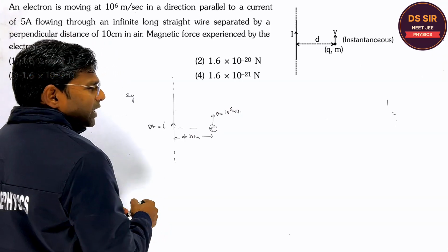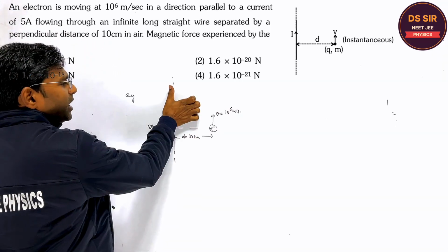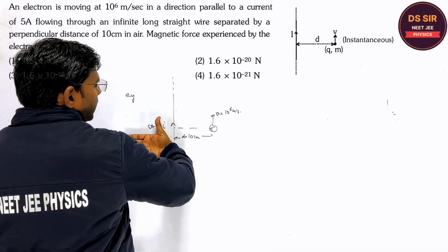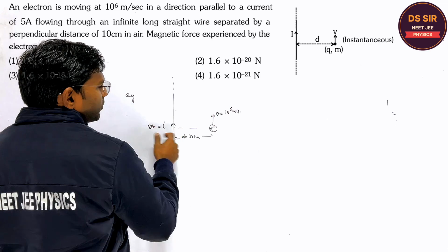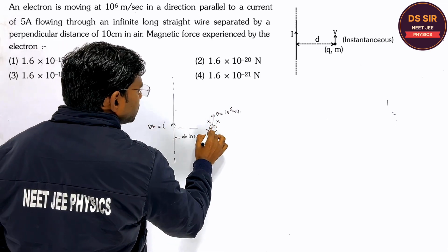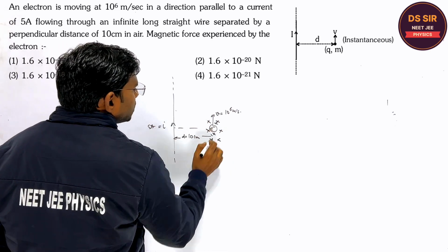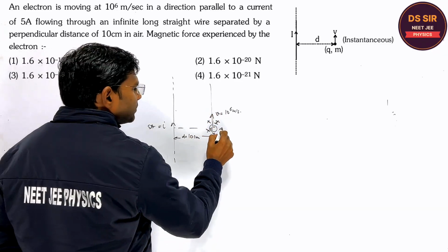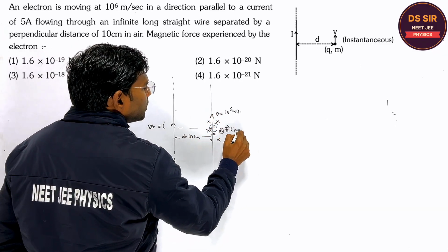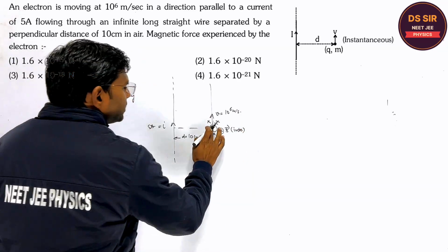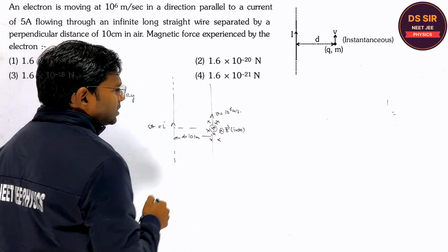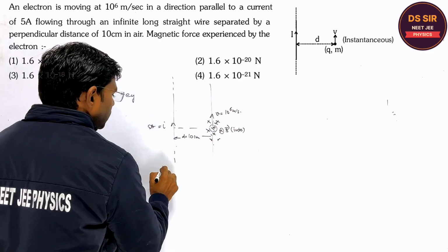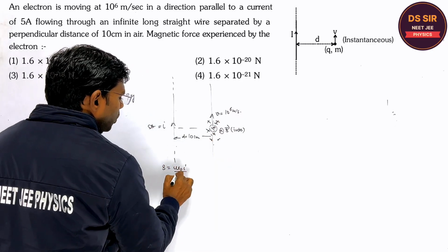Listen, to find the magnetic force, suppose this is the infinite current carrying wire. So at this point the magnetic field will be into the board, and on this side the magnetic field will be out of the board. This electron is moving with velocity in this direction. The magnetic field is into the board, right? And this is the negative charge. So first we have to find the magnetic field at this point. So B is equal to what? Say mu naught I upon 2 pi d.